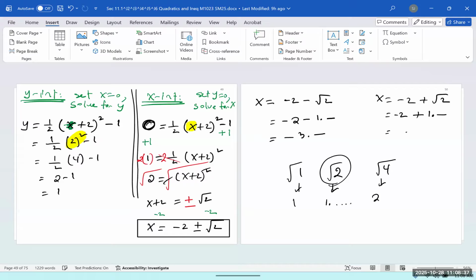So it will be less than -1 because it's 1 point something, right? Let's say it's 1.4. At least if you have no idea, it is 1.4. So -2 minus 1.4.